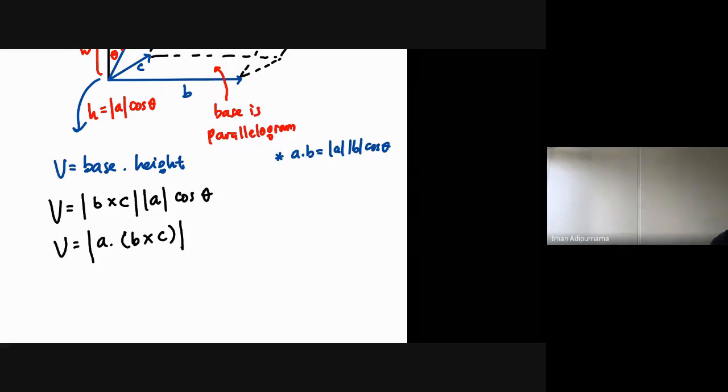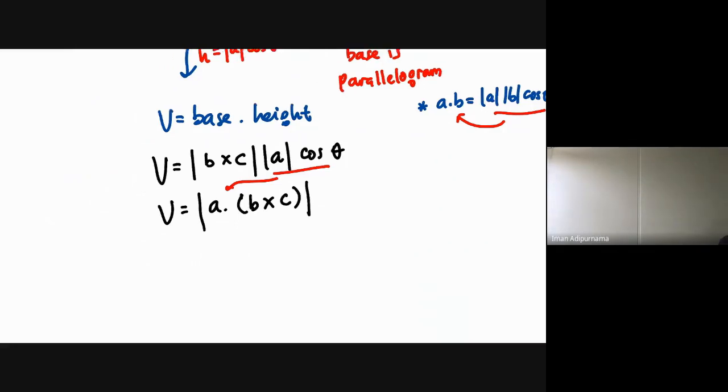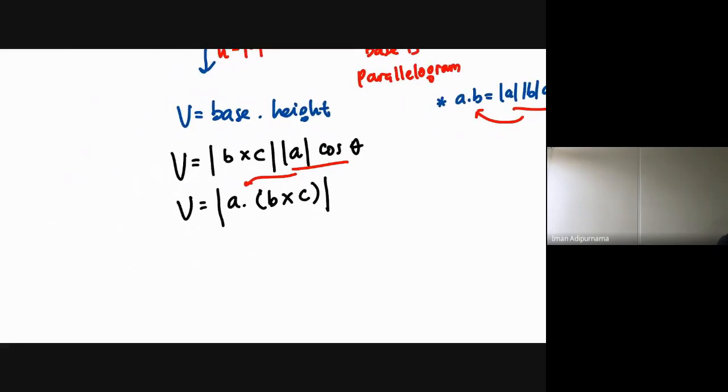So the cosine becomes the dot product, the same way like this. So this is called the scalar triple product.